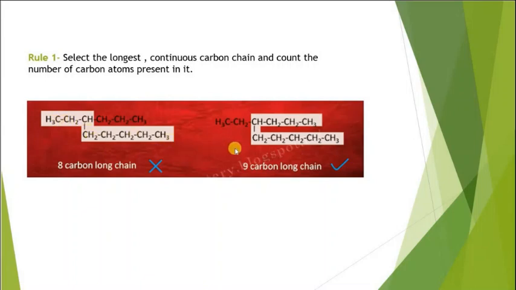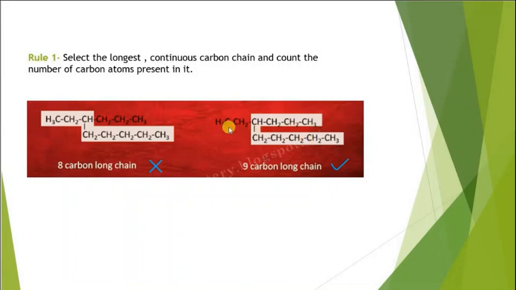Why? Because there is another continuous chain that can have more carbons than this chain. For example, as the highlighted area is being shown to you, can you see this highlighted area? And can you count the number of carbon atoms present in this highlighted area? That is 1, 2, 3, 4, 5, 6, 7, 8 and 9. So this chain has 9 carbon atoms.